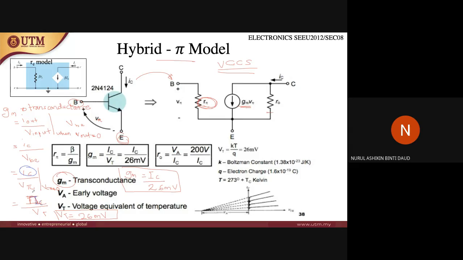What is the difference? The difference is that the small ic represents AC currents, when the source is an AC source.